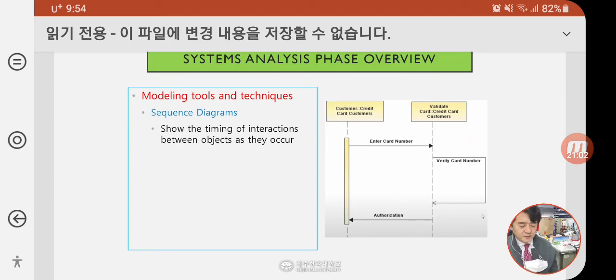The picture included in the slide shows sequence diagrams. Sequence diagrams show the timing of interactions between objects as they occur.